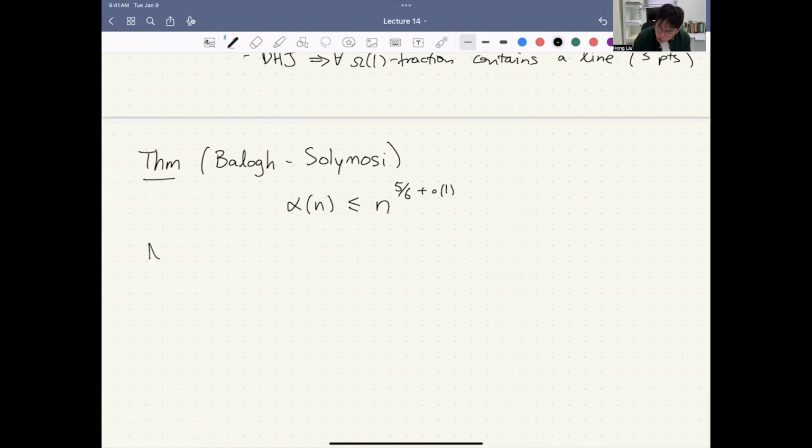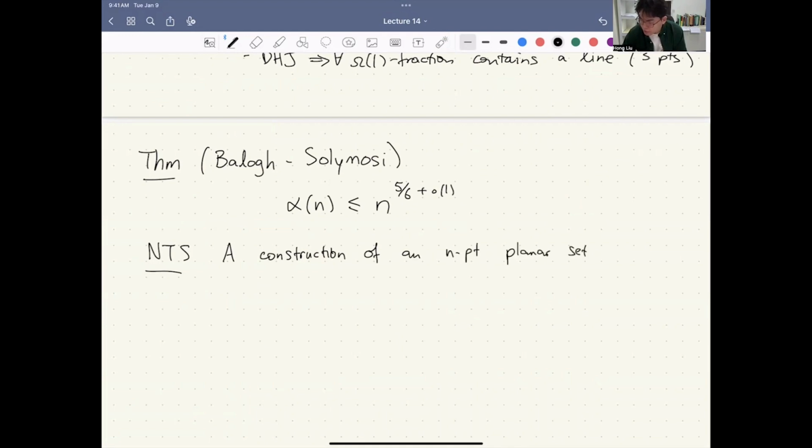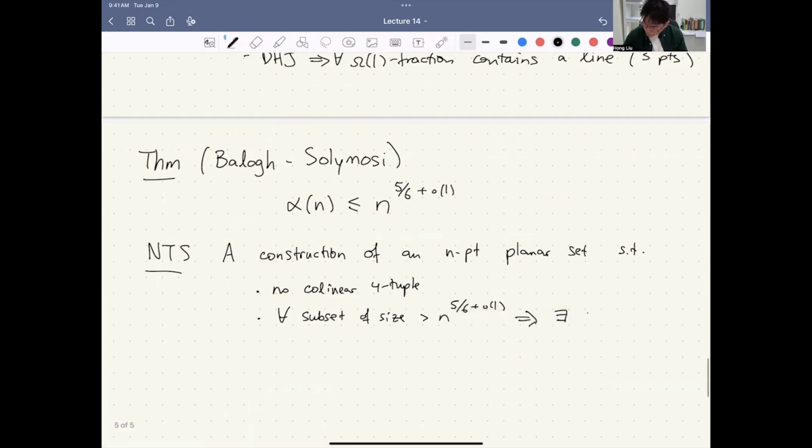What we need to show is a construction of an m-point planar set, an m-point set in the plane R2, such that it has no collinear four-tuple, and any subset of size much larger than n to the 5/6 plus little o(1) contains a collinear triple. Okay, this is what we need to do.